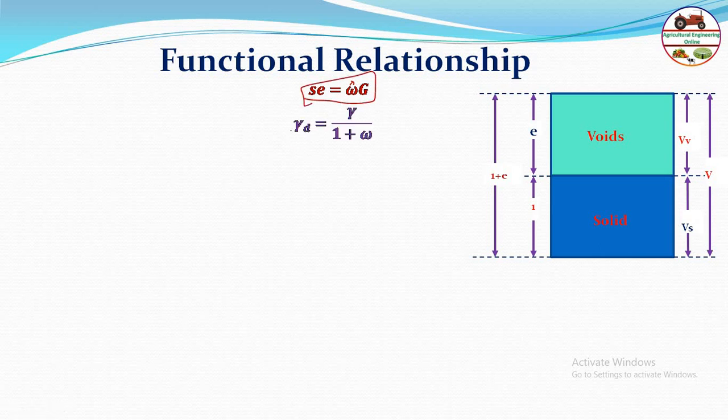From there, dry density, or dry unit weight, can be calculated as bulk unit weight divided by 1 plus moisture content by weight basis.